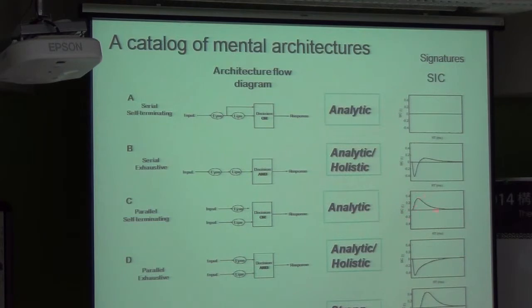If you have a positive function all the time, this is parallel self-terminating. If it is negative all the time, parallel exhaustive, and coactive has a negativity, but overall a larger positivity expressed here. So different signatures of SIC are very indicative. You can see how different signatures indicate different underlying mental architectures. So that's how we identify them.